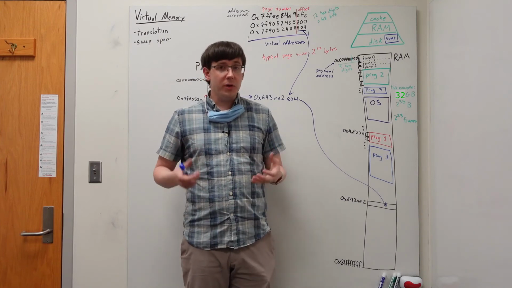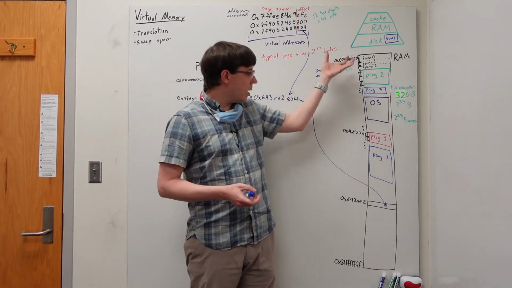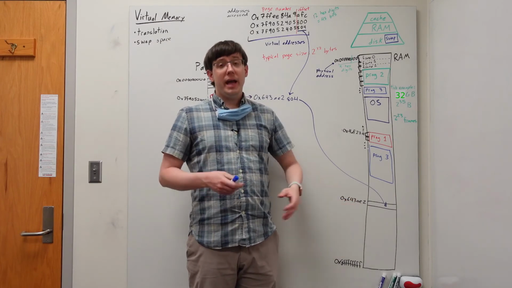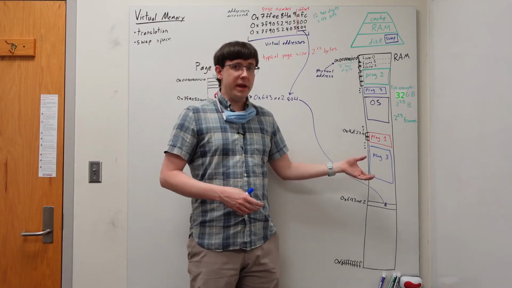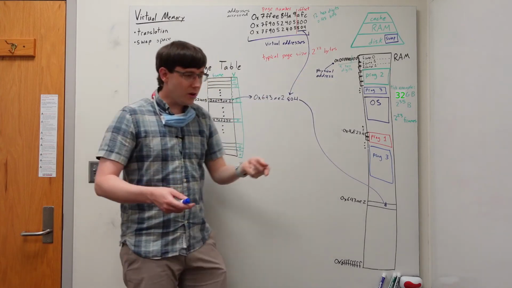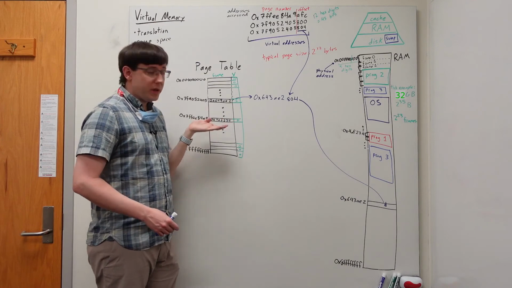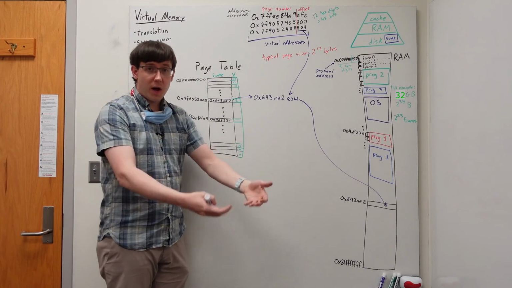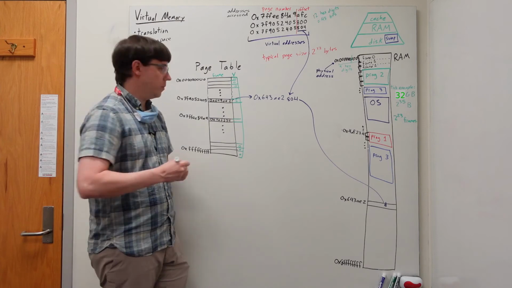This means that your computer can have lots of processes running that are in total taking up more memory than is actually available in the RAM, and some pages of some processes' address spaces will be swapped down the hierarchy onto the hard drive. And so it might be the case for certain pages that have not been accessed in a while that they will be swapped out to the disk and will have a valid bit of 0.